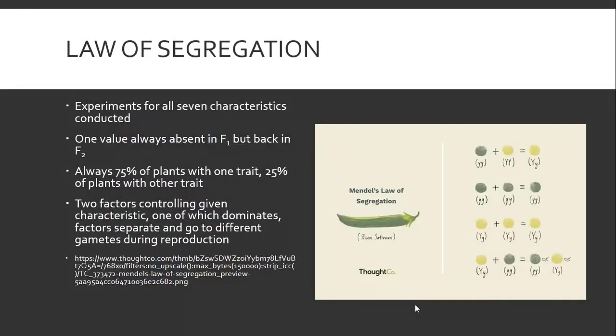One value he found was always absent in the first generation of offspring, but it reappeared in the second generation. So there were always 75% of plants with one trait and 25% of plants with the other trait. So Mendel determined there are 2 factors controlling a given characteristic. One of those is dominant, and those factors separate into different gametes during reproduction.